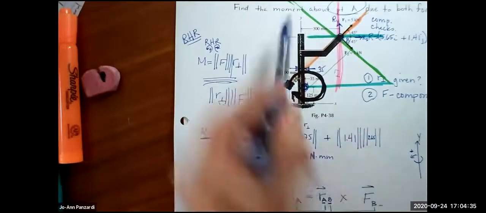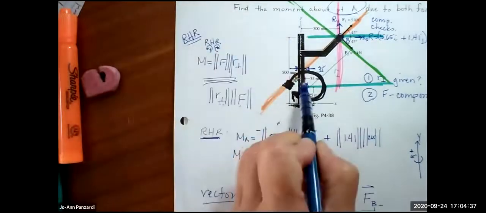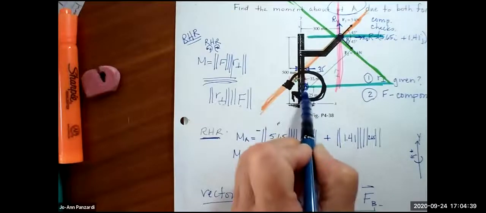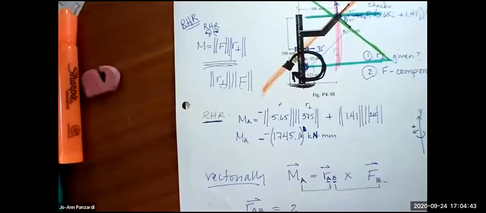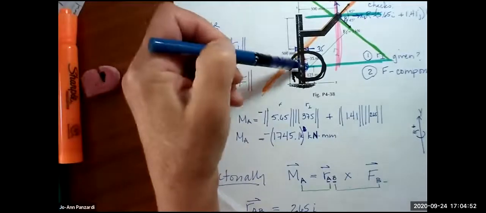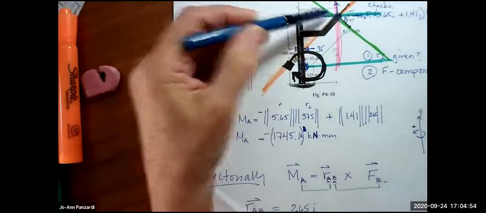Right, it's 300, but it's 300 to the middle of the bar. And remember, this is 35 and A is on the edge. So you've got to subtract these two. So it's 265. And is it going from A to B in the positive X direction? Yeah. Great.